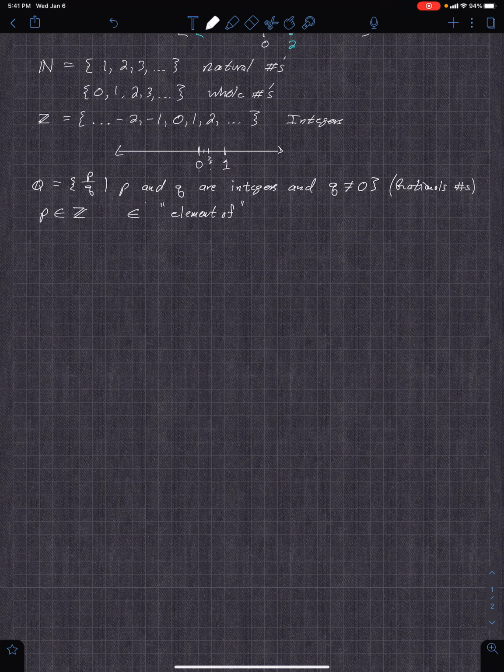Okay, so then let's go into irrational. So irrationals, basically, it literally means what? Like not rational. Or you can think of it as cannot be written as a fraction.